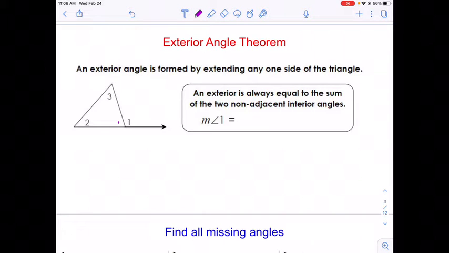An exterior angle is always equal to the sum of the two non-adjacent interior angles, which means in this case, measure of angle 1 is equal to the measure of angle 2 plus the measure of angle 3. So that gives us our total here. Measure of angle 1, the exterior angle, is equal to the two non-adjacent interior angles.